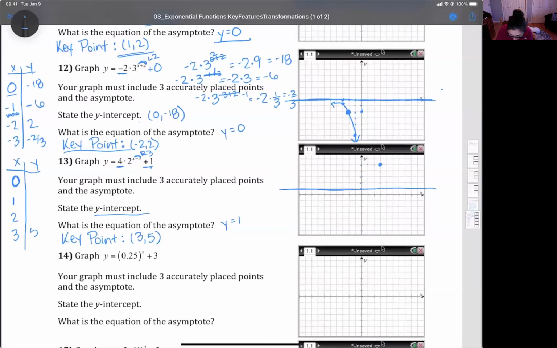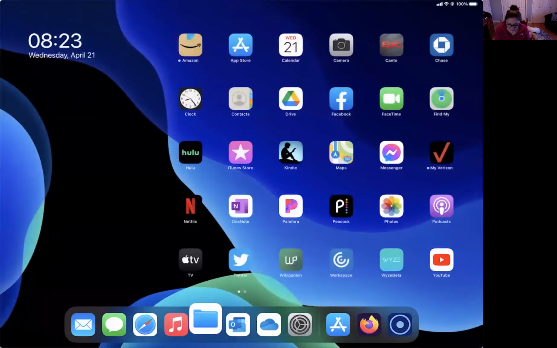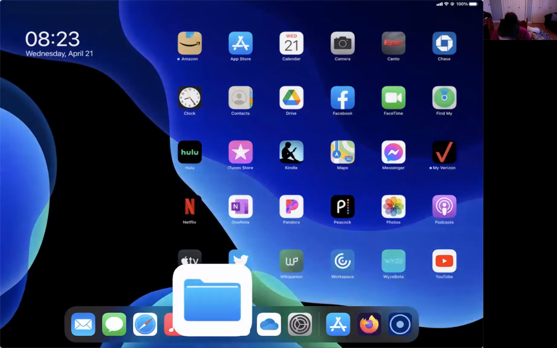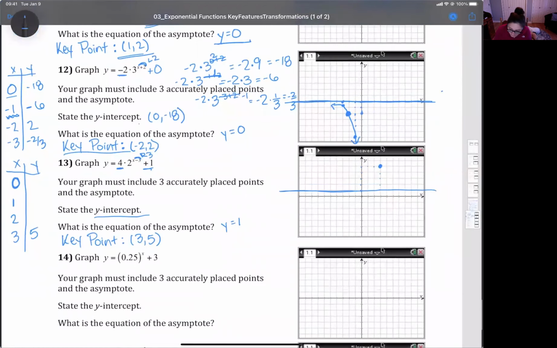I'm putting in both 1 and 2 here because I have a hunch that my y-intercept is going to be off my graph. Hopefully I'm wrong and I can use the y-intercept and I only need to plug in one of these, but just in case I put the other one in there as well.